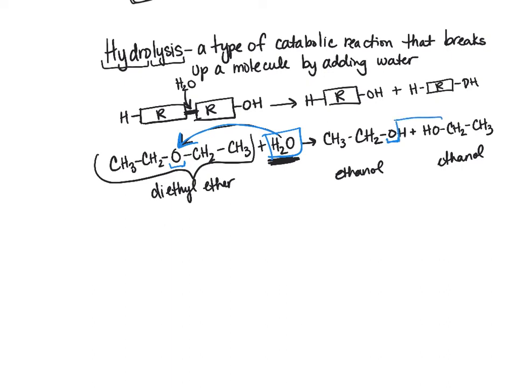We actually put the water in here, the H2, so 2 H's, and the oxygen. So this is a catabolic reaction. It's breaking down a complex molecule into smaller molecules. And again, we're going to be talking more about these types of reactions as we look at our different biological molecule groups: our carbohydrates, our lipids, our proteins, and our nucleic acids.